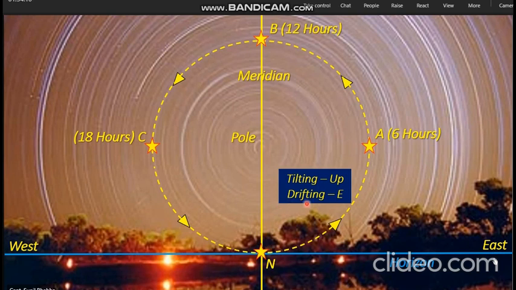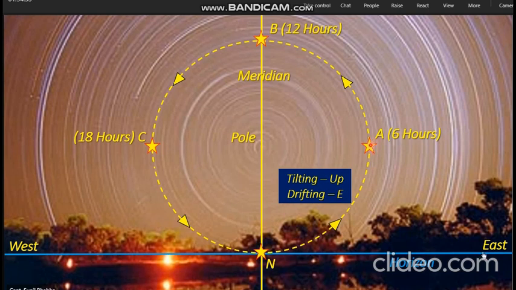Spin axis will also be drifting in the same direction, that is the easterly direction. So from November to alpha, the spin axis will be tilting upwards, and it will be drifting in the easterly direction. This motion is going to take 6 hours.